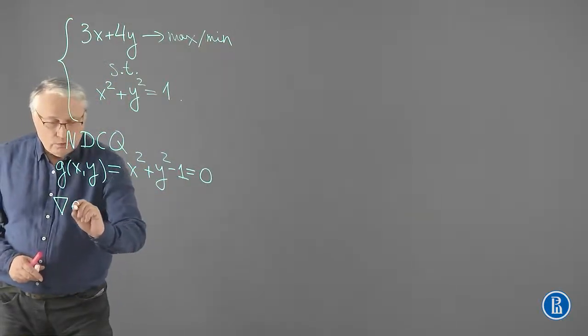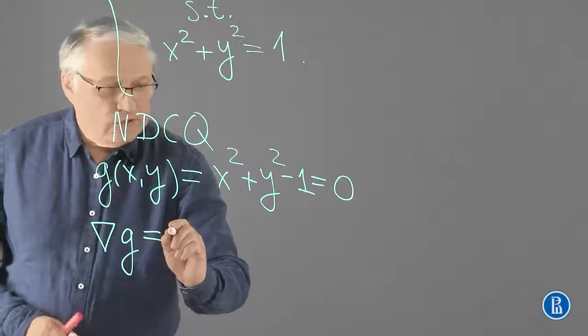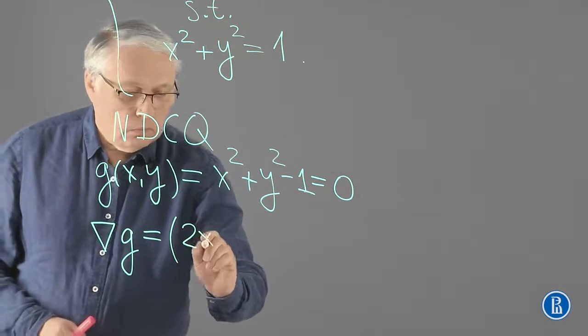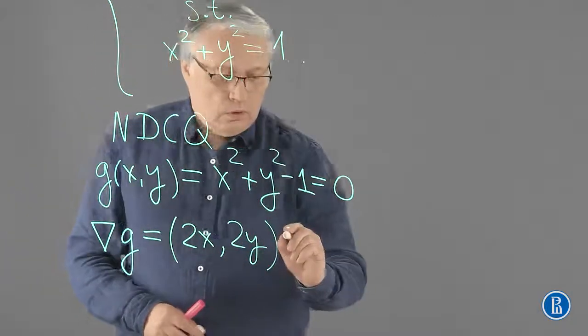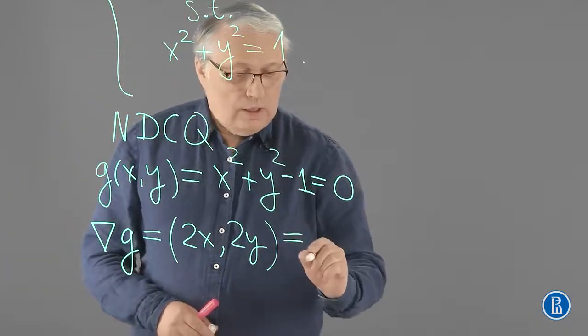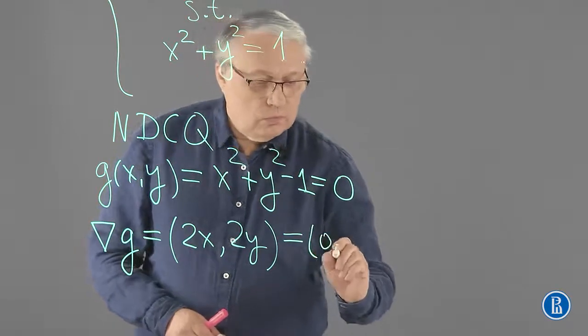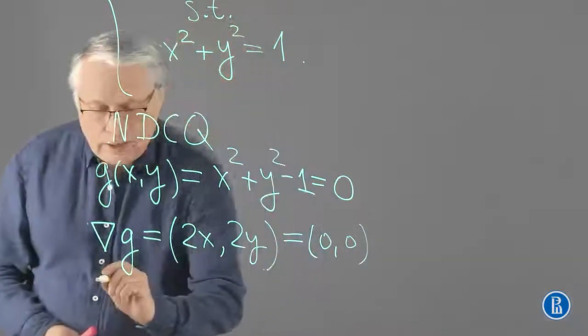Nabla, or gradient of G, is a vector. It can be the 0 vector at the origin.